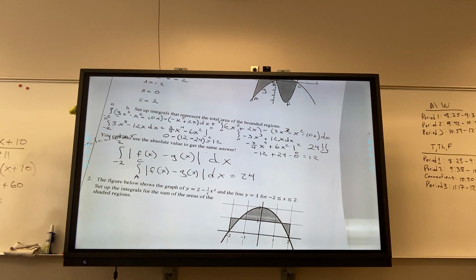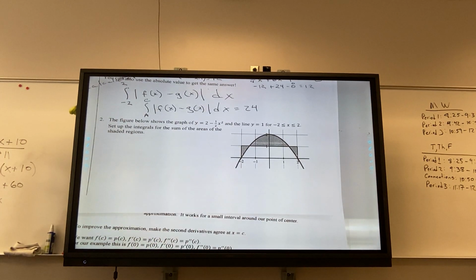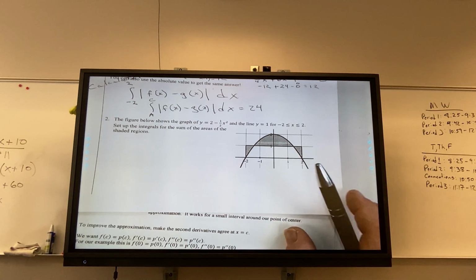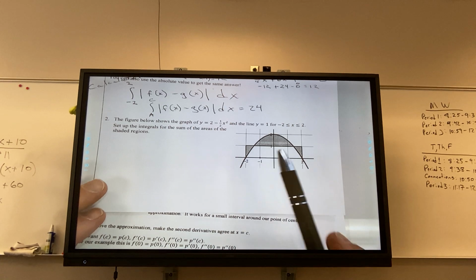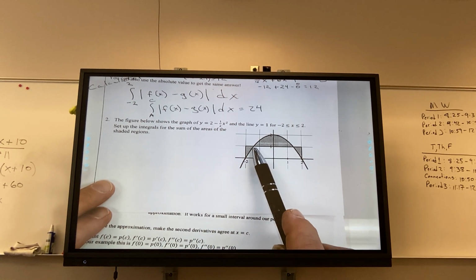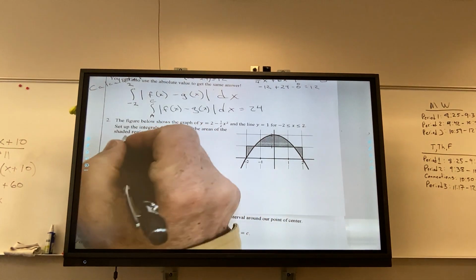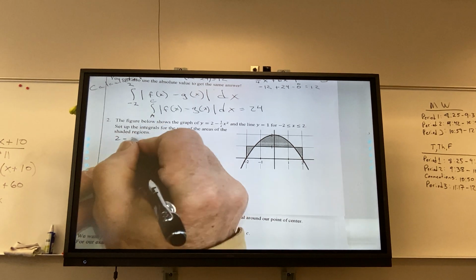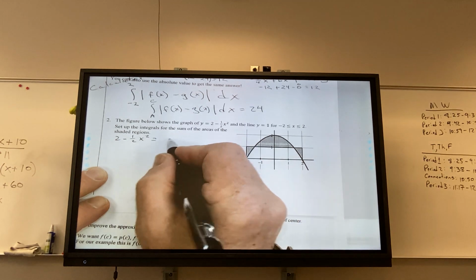All right, so here's the last one, and I'm gonna give you a couple of hints. And so here I got a -2, here I have a +2, I have to figure out this x value. Would you agree? And so what I'm going to do is I'm going to let 2 minus 1/2 x squared equal 1.